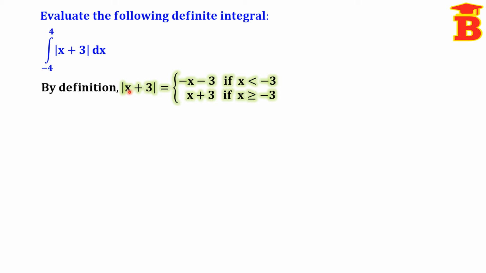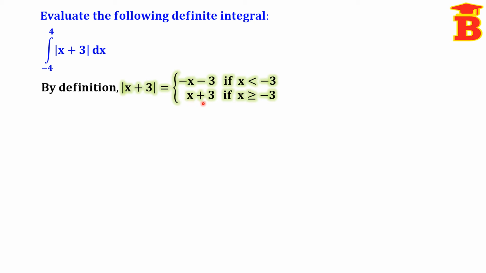See this, x plus 3 means x is equal to minus 3, and modulus means it should be positive. So if x is less than minus 3, we take it as minus x minus 3. Substitute and check. If you take any number less than minus 3, for example minus 4, minus of minus 4 is plus 4, 4 minus 3 is 1. 1 is positive.